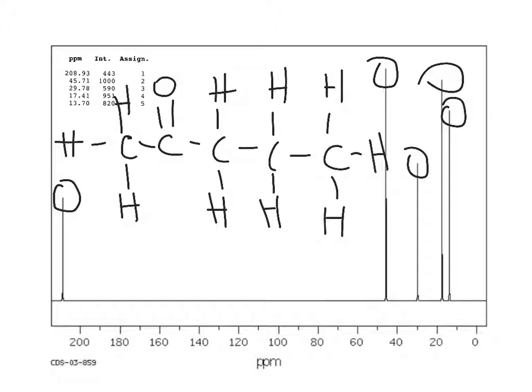And then also, right here, we can see that this peak falls in the 220 to 180 range. And that's a good sign that we've drawn this molecule pretty accurately because signals in this range usually show a ketone or aldehyde, but in our case we have a ketone. So this is a good sign that we've drawn this correctly.